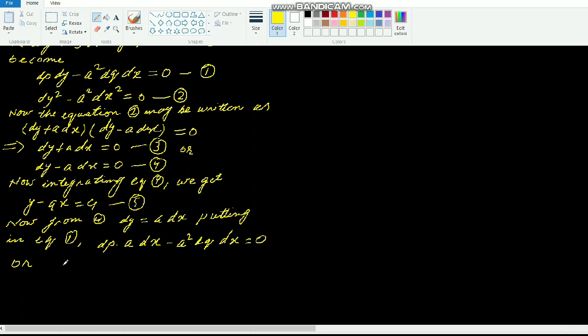Now dividing both sides by a dx, we get dp minus a dq is equal to 0. Now integrating, we get p minus aq is equal to c2. Let it be equation number 6.